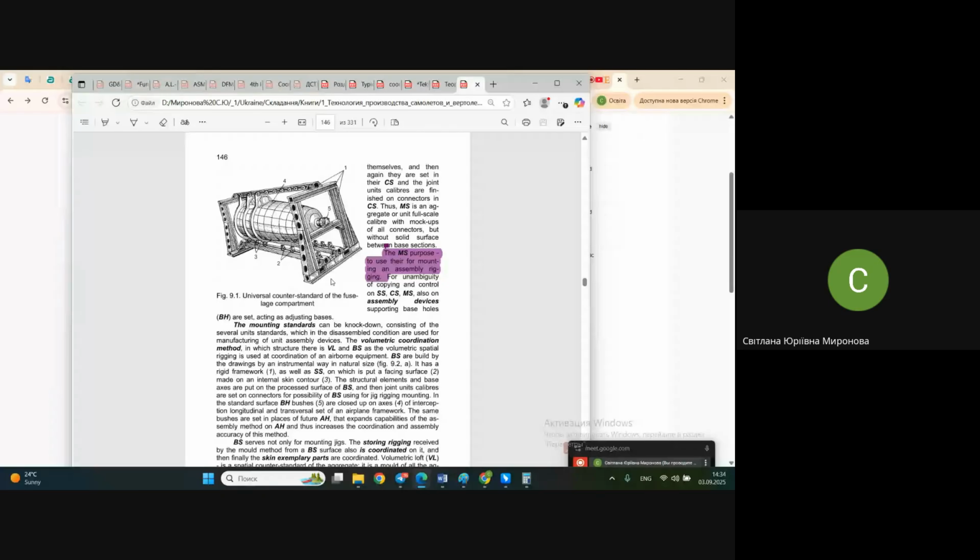Lofts, once again, I remind you, are flat drawings, either of theoretical contours, the so-called theoretical loft, or of the assembly unit cross-section design loft, or maybe the so-called control print, a photo of the design drawing of this design loft, not on paper but on special thin transparent film. And this photo onto metal is called the control print. But they are all flat, you understand, as well as templates.